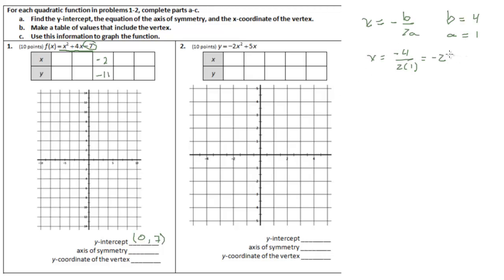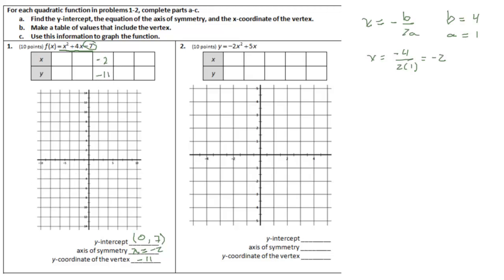Over here we have x equals -2. That's the axis of symmetry. x equals -2. And then the y-coordinate of the vertex is -11. So those three values are kind of key.